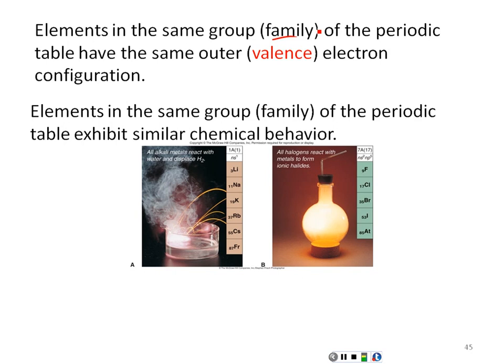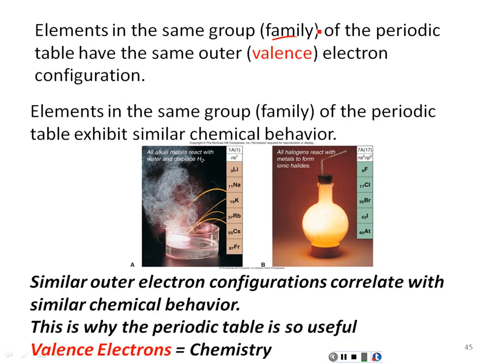If you throw these pure elements of lithium, sodium, potassium in water, you get an explosion. They're very reactive in water, and that is because of their electron configuration. So the electron configurations really correlate with chemical behavior, and that's why the periodic table is so useful. Valence electrons are chemistry.